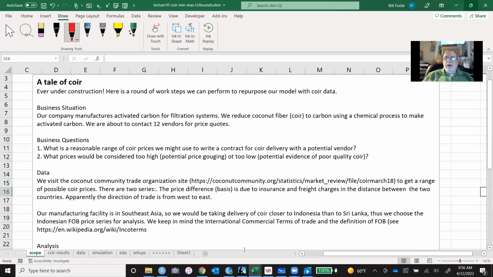To write a contract in this case for coir delivery with the potential vendor or group of vendors, maybe a syndicate of vendors. The price is considered too high and too low, need to be figured out according to something that's well beyond the model. And that well beyond is the tolerance for risk.